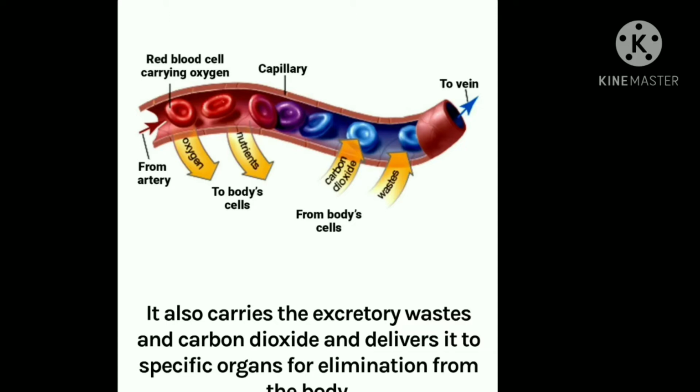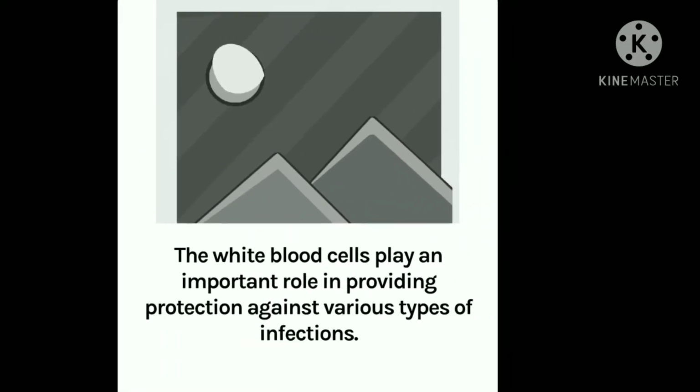So as we have seen, the carbon dioxide is released in the lungs. The poisonous or excretory waste is released in the kidney. So in this way, this blood is carrying the excretory waste as well as the carbon dioxide, and delivering it to the appropriate organ for the elimination from the body.